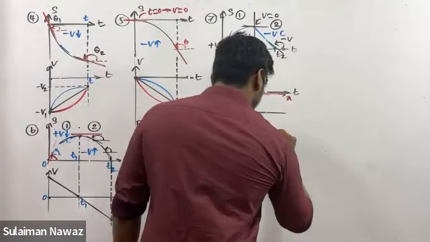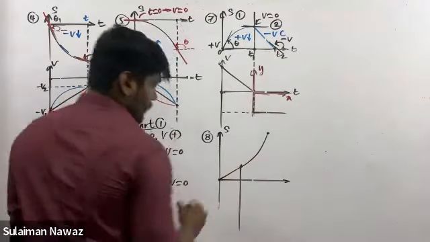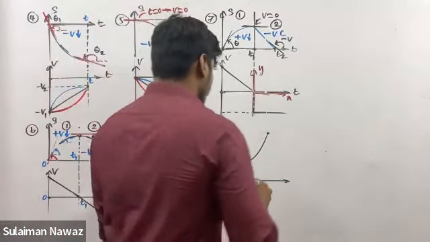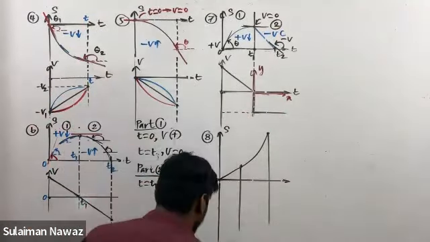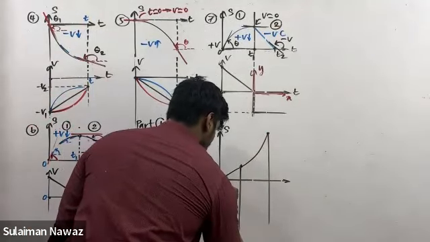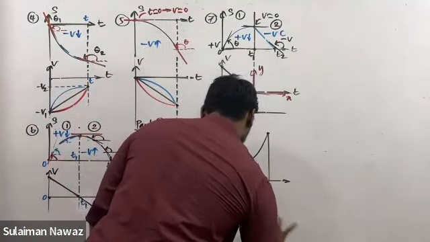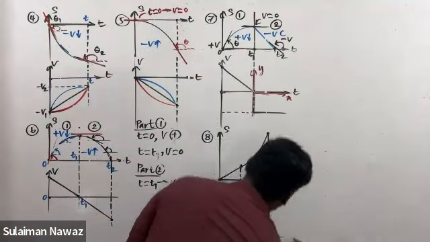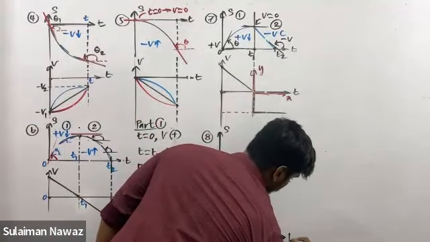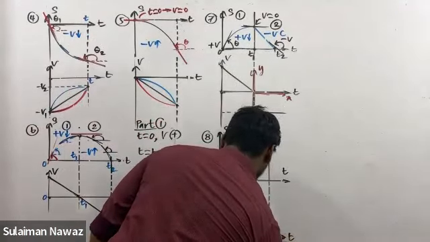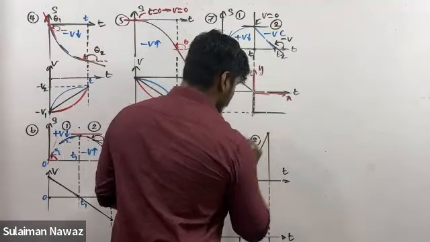So therefore, there are two graphs. Part number 1, part number 2.